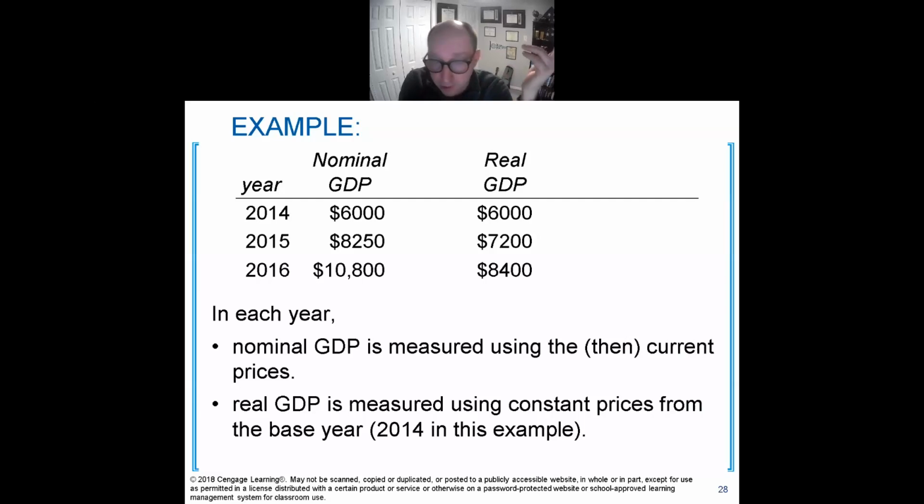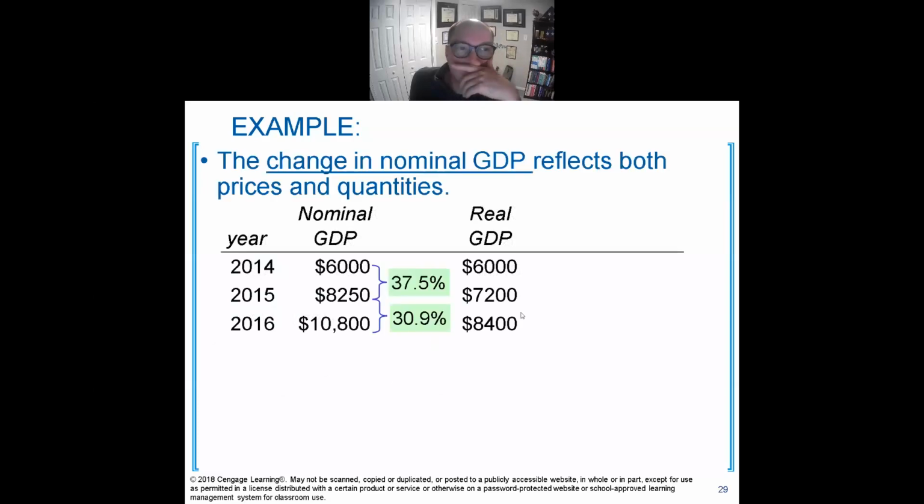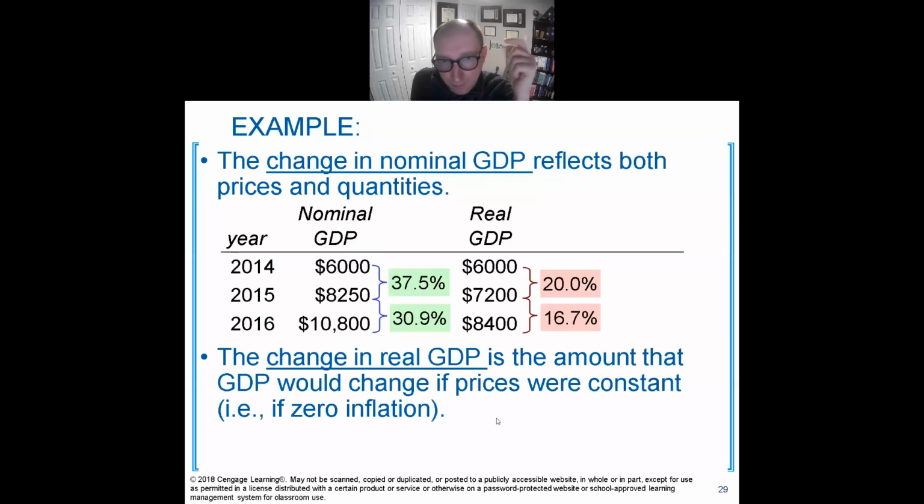So that's why we see that in 2014 there's no change. We can also identify the difference in the percent changes, yes? And these percent changes would be consistent if inflation did not exist for the real gross domestic product.